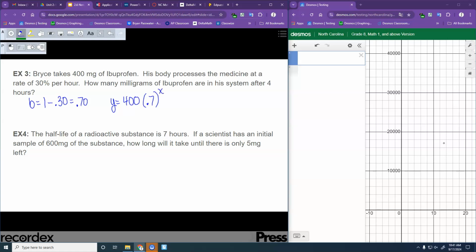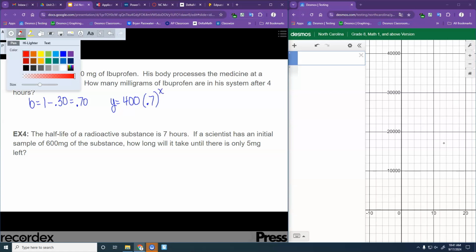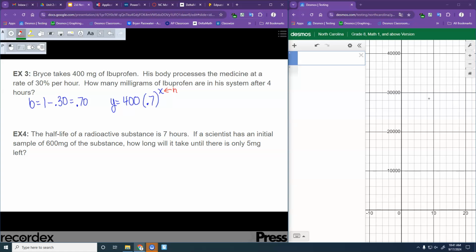And then we'll have an X here. I've finally given you one that does not have years as your X value. This X this time is hours. And then the Y would be the amount of ibuprofen remaining.